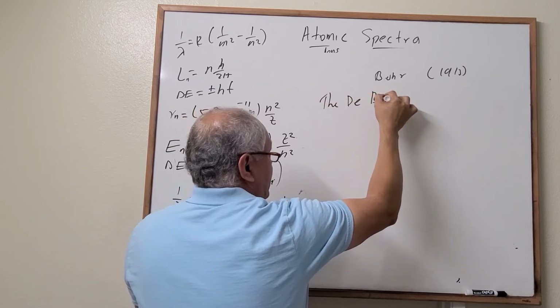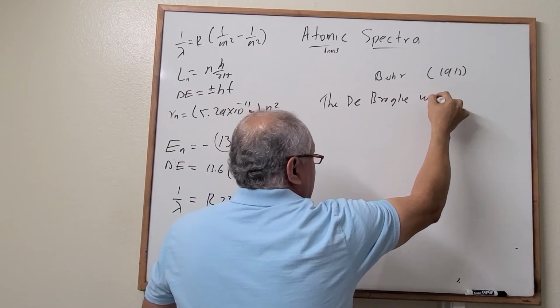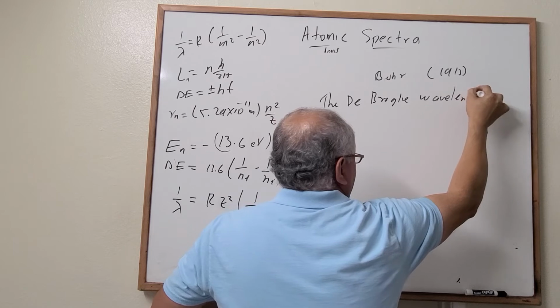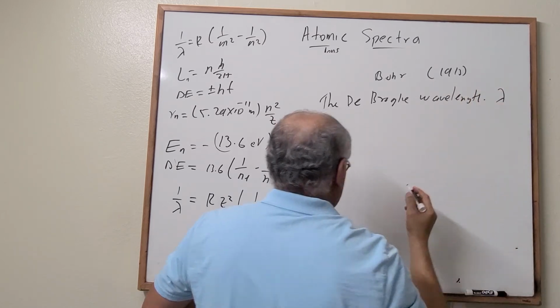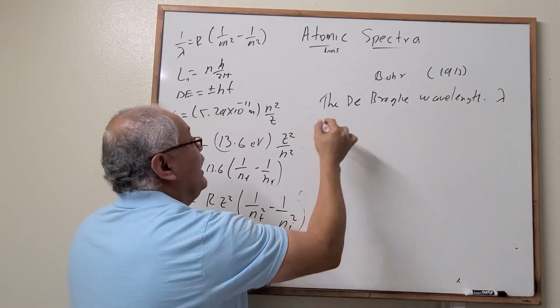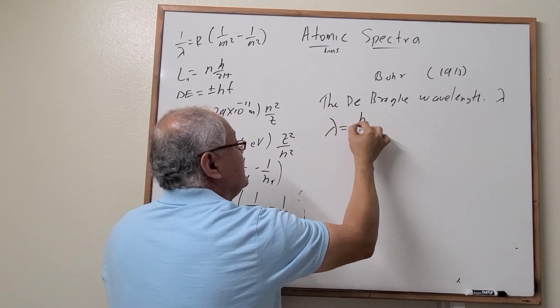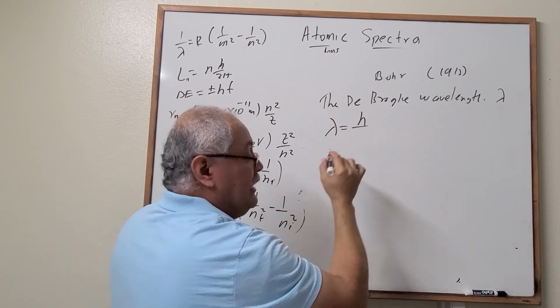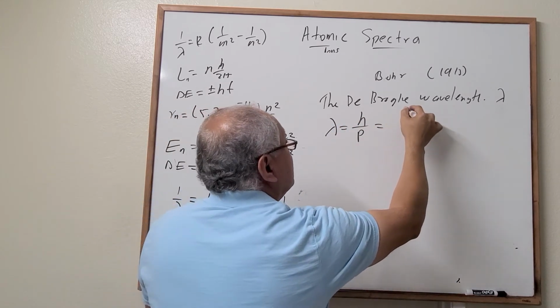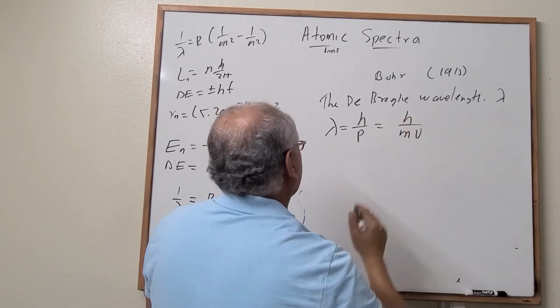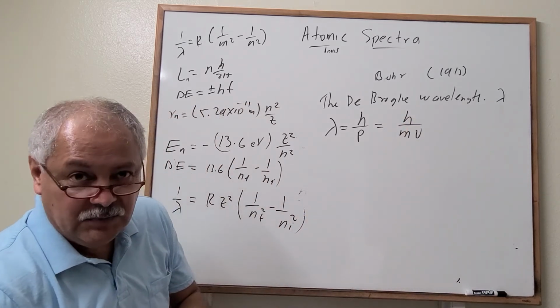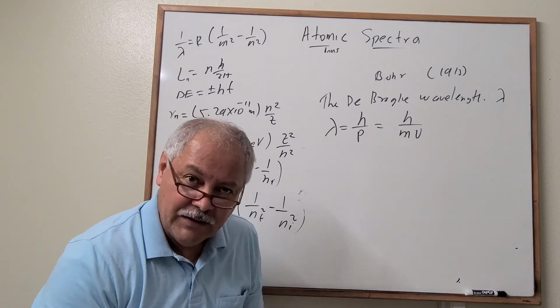Lambda is equal to Planck's constant divided by momentum, which is equal to Planck's constant divided by mv. This means that the electron behaves as a wave.